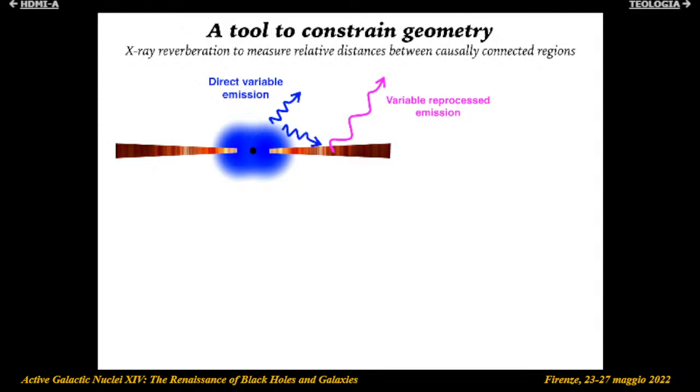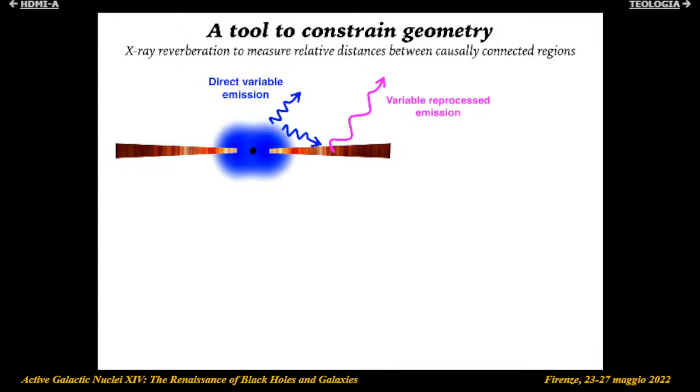This is doable because, since the primary emission is variable, and the variable emission is reprocessed in a medium, then the reprocessed emission will be variable as well on some time scales. And what we will see is that the reprocessed emission would have a time delay imprinting on it because of the separation between these regions.